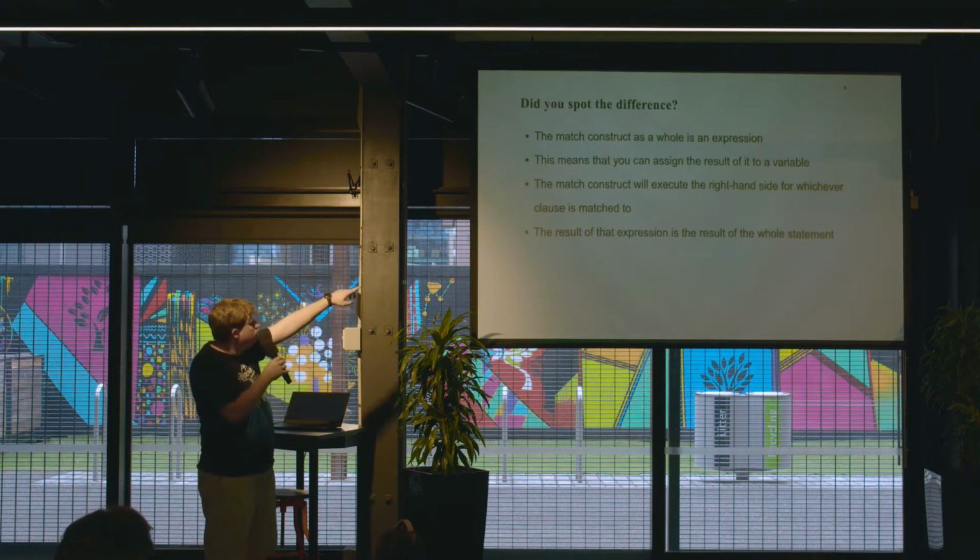But the point of all this is that the match construct as a whole, at the end of it, evaluates to some value. Everything in Rust is an expression, so everything in Rust evaluates to some value. And so you can, if you want to, assign that value to something. If you're just doing it to get some side effect like printing, you don't need to.